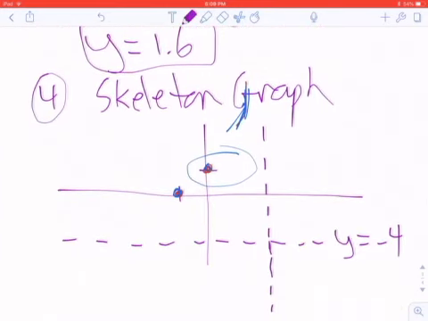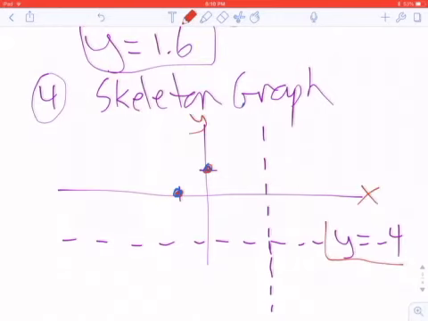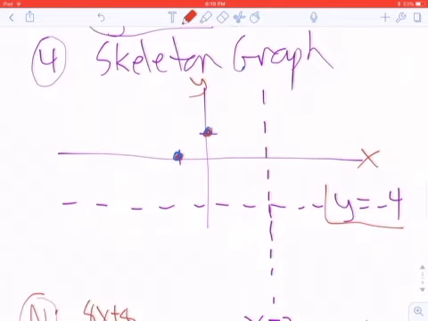Okay, now I'm going to do what I call the skeleton graph. The skeleton graph is what I do to get all of the key values on the graph. And so the way that I do that is I denote where each key feature is. So remember that we have, oh, that's the x-axis, that's the y-axis. And to start with, we had a horizontal asymptote at y equals -4.